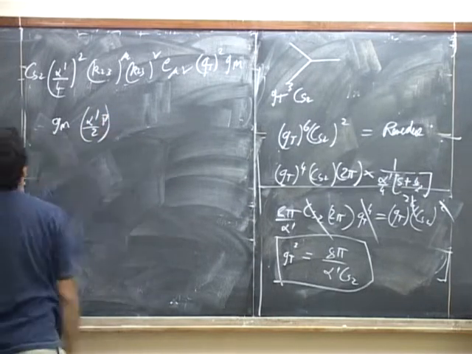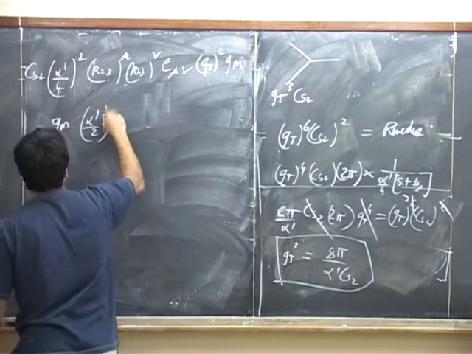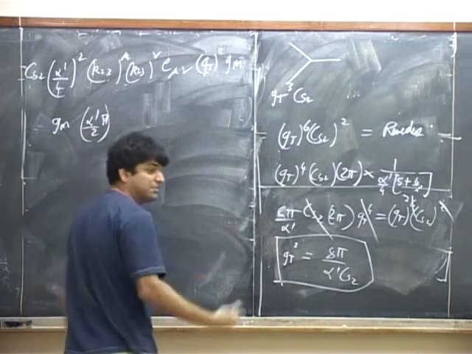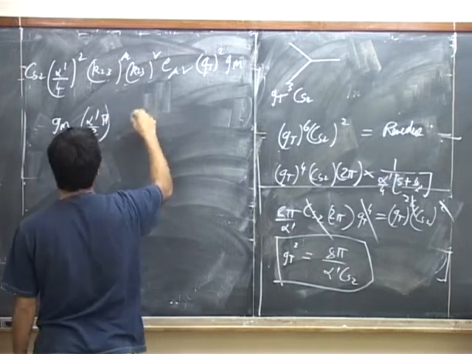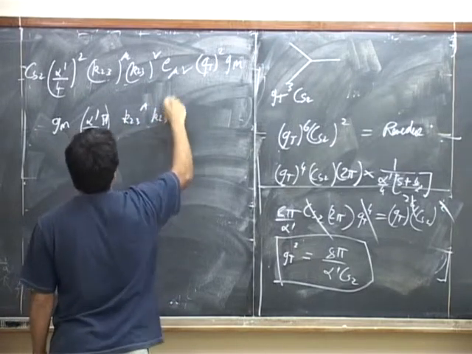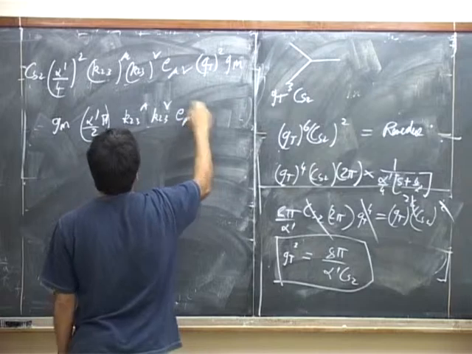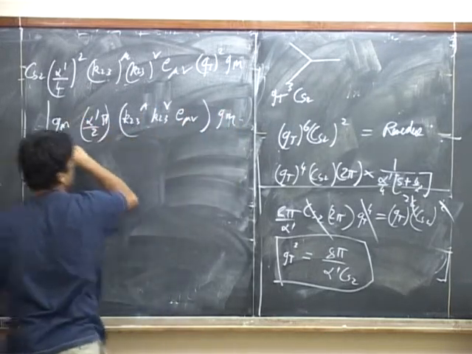And then there's a pi. Okay, I'm not keeping track of signs and big factors of i. So alpha prime by 2 times pi times k23 mu e mu times GM.